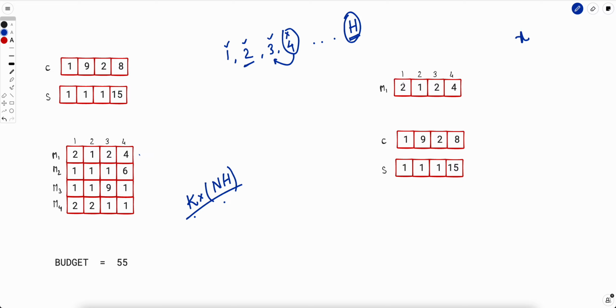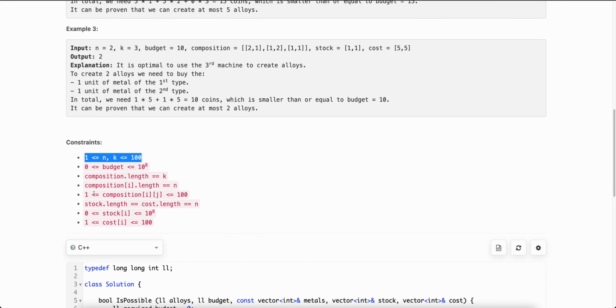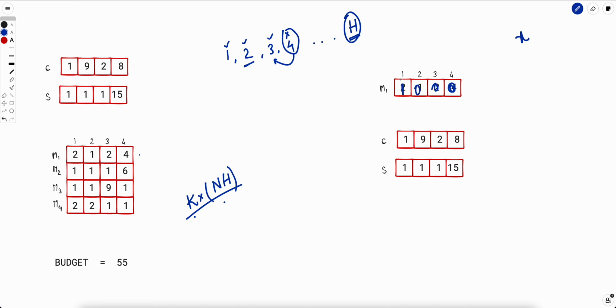The worst case scenario could be that you require just one metal. Again, this may not be possible because composition starts from 1, but let's assume that you require just one metal to make a particular alloy. Now you just need 1 unit of cost to buy that metal.